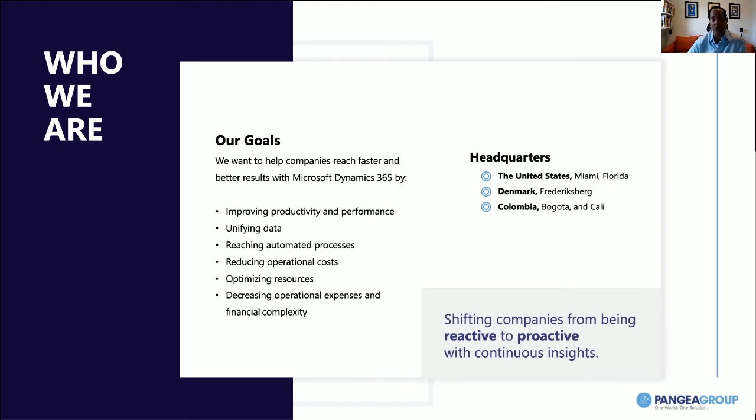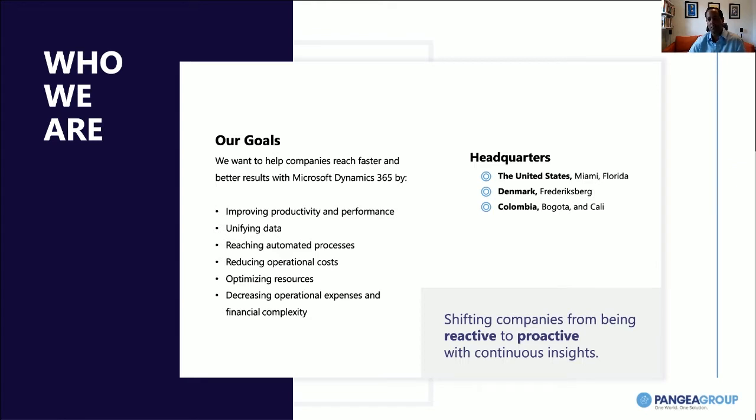Reducing operational costs. And when we mention reducing operational costs, the goal of that is unifying, and this goes back to my previous slide on the agenda, unifying your process, unifying your data. So a lot of our clients, when they came to us, they had many disparate systems, and these systems were great, but they were standalone. And so there was always a cost associated to integrate with these systems.